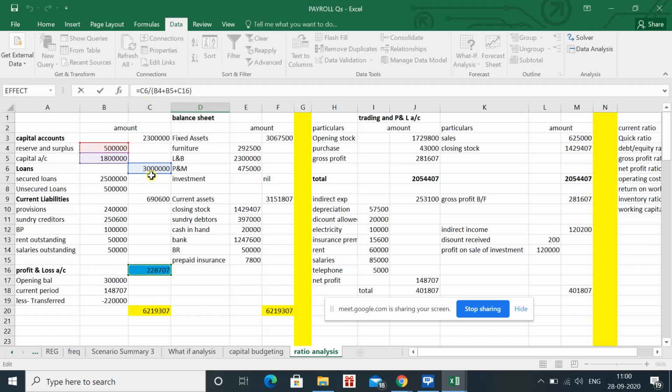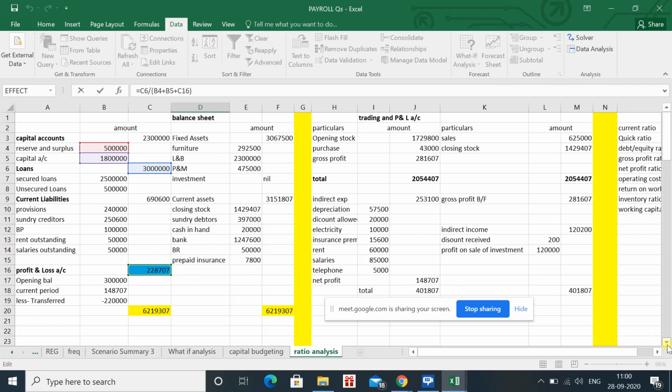C6 is our secured and unsecured loans, means debt divided by capital. So capital here means reserve plus capital plus profit which is transferred to the balance sheet. So in this case of debt divided by capital, debt to equity means reserves plus capital plus profit which is transferred to the balance sheet. These three portions will completely create the equity value, right?